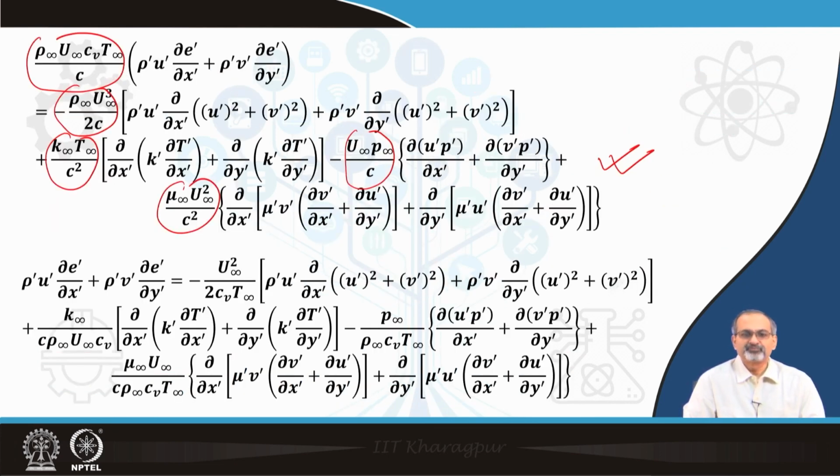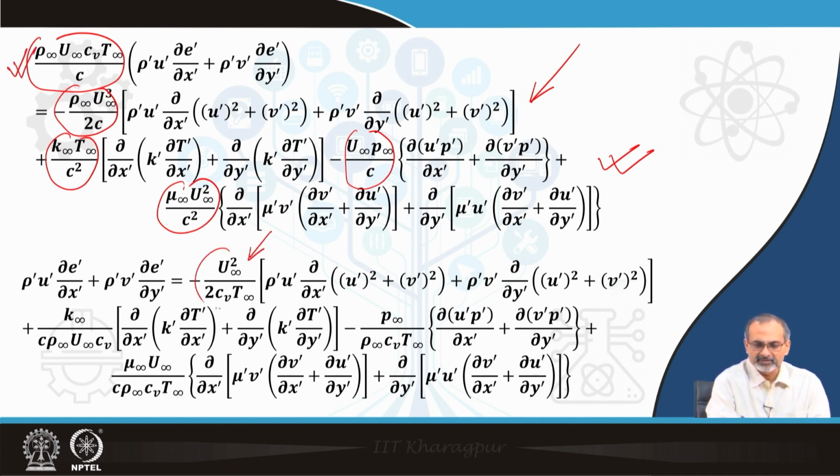Having done that, we saw that the energy equation came up in this form, and then if you divided all the terms on the right hand side by the term that you have as a coefficient on the left hand side, then it further becomes like this.